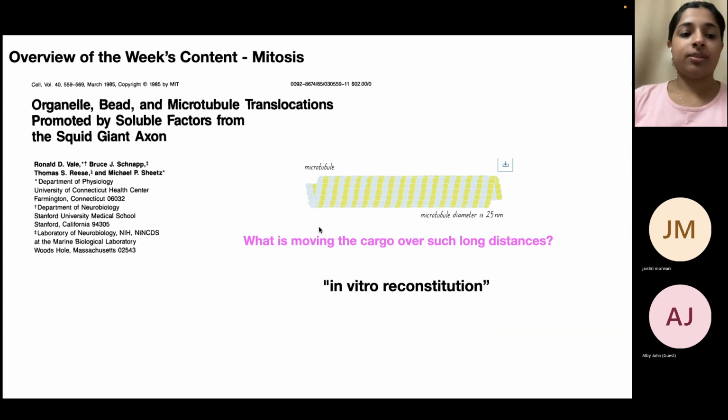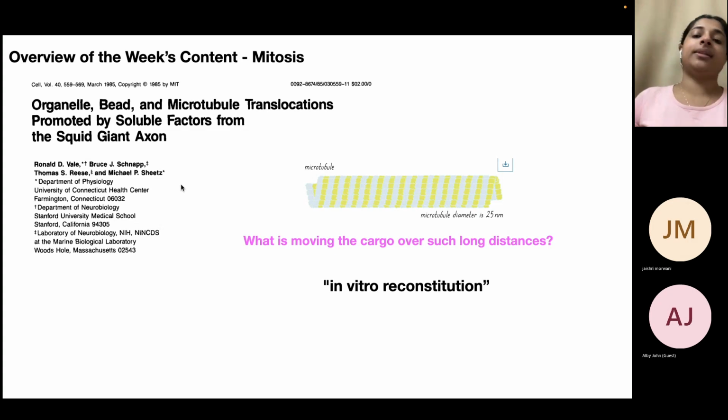There was a researcher who was interested in understanding a different aspect of the cell, wherein he was working on axons, known as the squid giant axon, because it is a very long cell. The cell is able to accurately move different proteins from one end to the other.